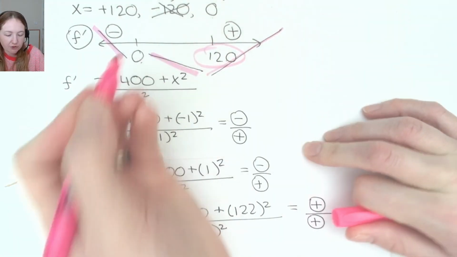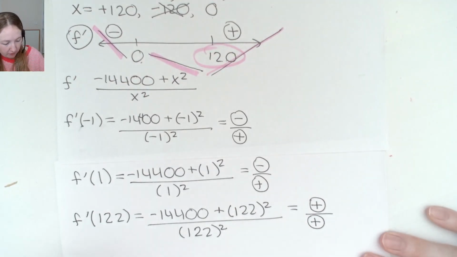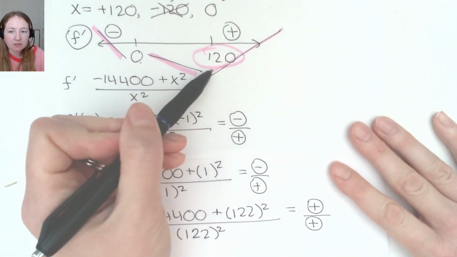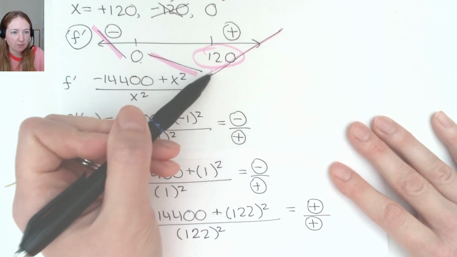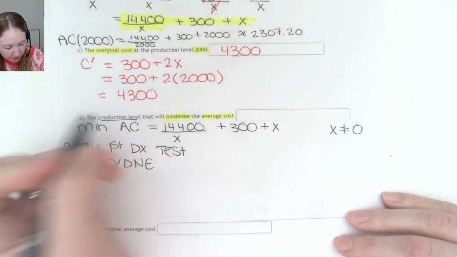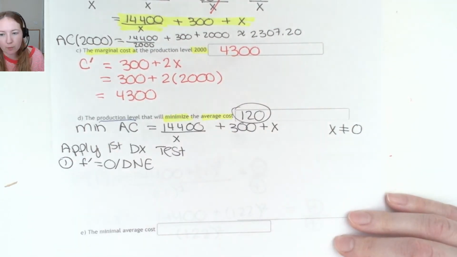And we see that the 120 is the only critical number that will minimize the average cost. So our final answer, long-winded explanation there, we took our derivative, and again, this is necessary, we need to do this work. We took our derivative, we found our critical numbers. This 120 was the only critical number that produced the minimum. So what we would say is the production level that will minimize the average cost is 120.